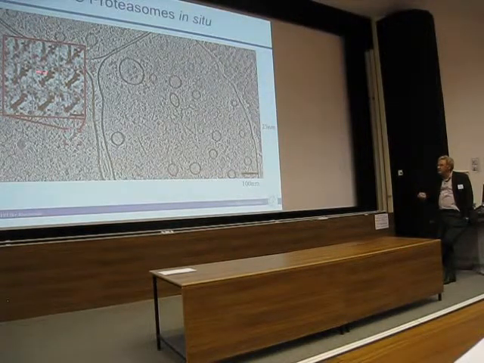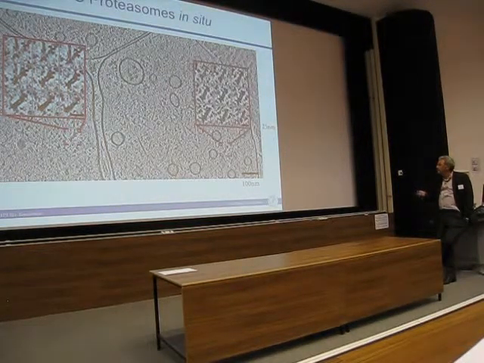I'll slice it to a tomogram of a single 26S proteasome in the context of the intact cell. This is another one here. As you look closely, you see even the internal cavity system in the 20S. So there's absolutely no averaging. This is just the raw data.